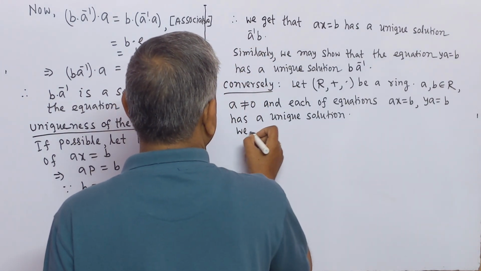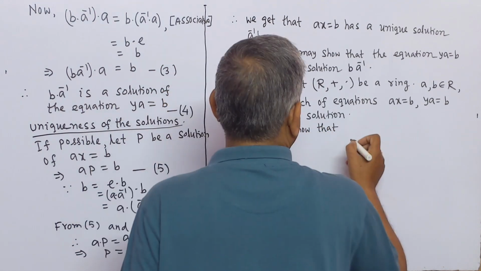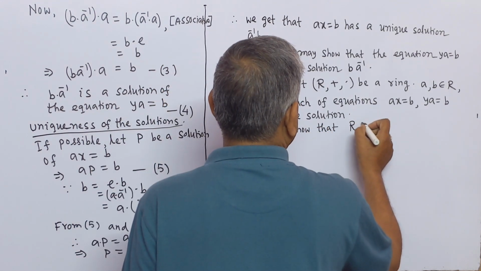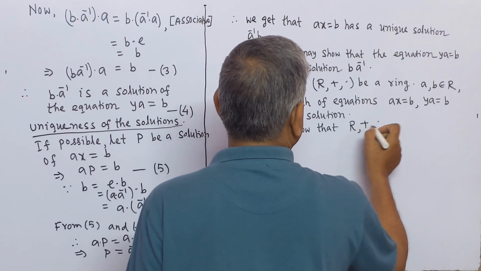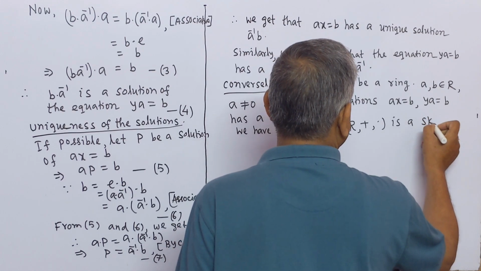We have to show that R with binary composition, addition and multiplication is a skew field.